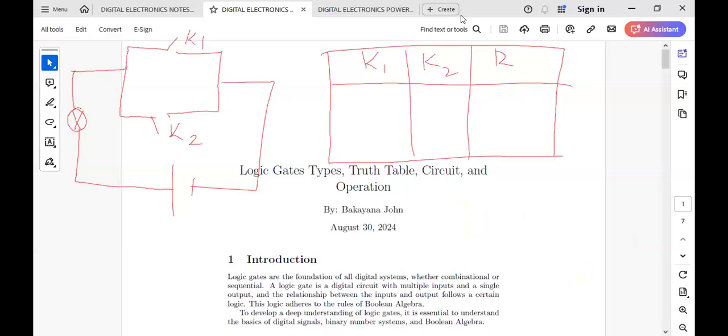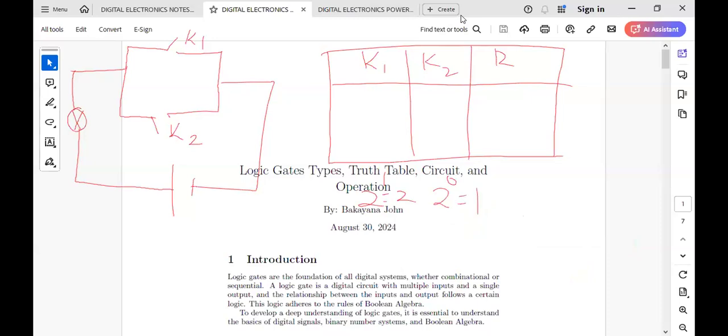So with this parallel arrangement, we are saying that when K1 is closed, K2 open, or can we use the knowledge that we've just learned? Say that they're in base 2, so this can be 2 power 0, and this can be 2 power 1. 2 power 1 is the same as 2. 2 power 0 is the same as 1.